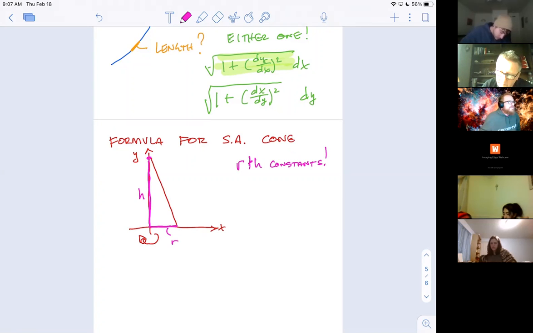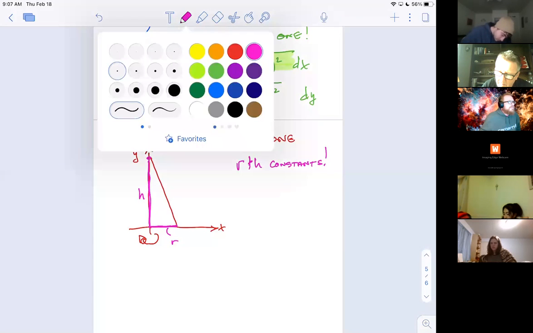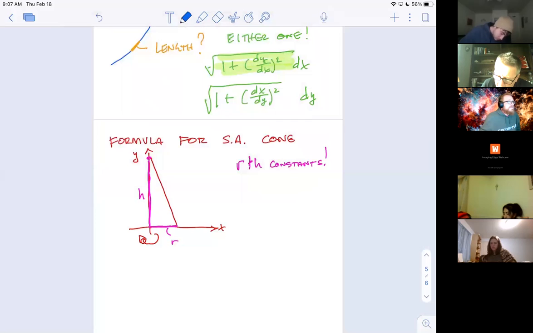So here's my slice. I'm not going to try to draw it 3D. I'd like you to take a second and try to set that up. Can you, based on logic, set up the surface area for that little slice, that little stripe?